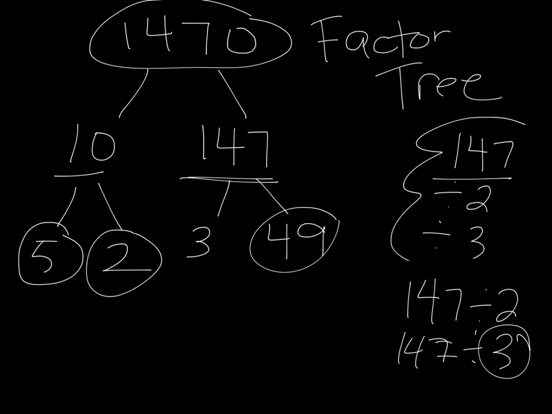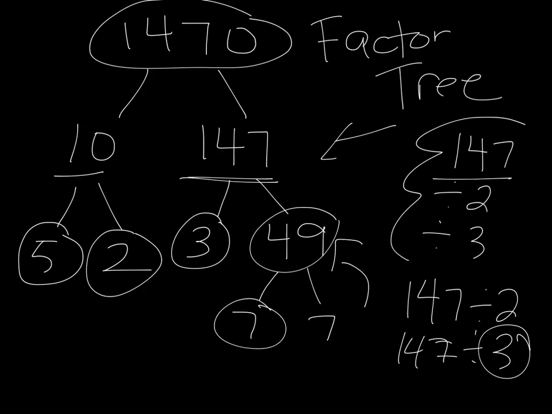So back over here, if you look, 147, 3 times 49, 3 is a prime number because there aren't any other two factors besides 3 and 1 that when you multiply them together give you 3. And 49 is a composite number because 7 times 7 will give you 49. And then we look at 7 is a prime number, the other 7 is a prime number.